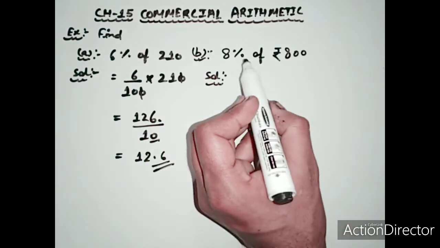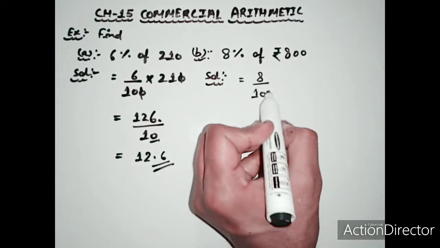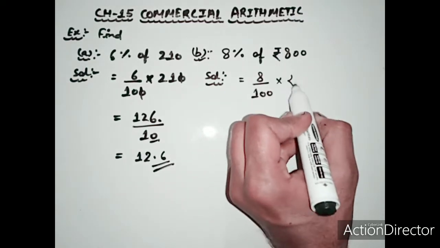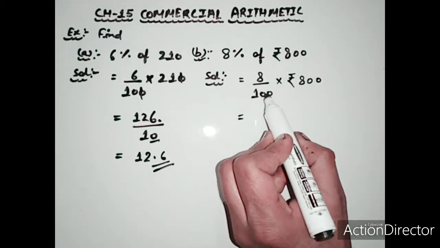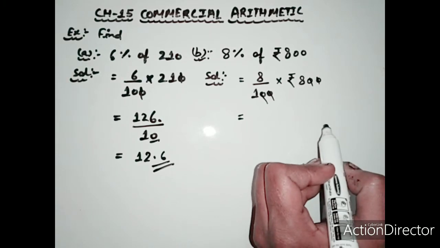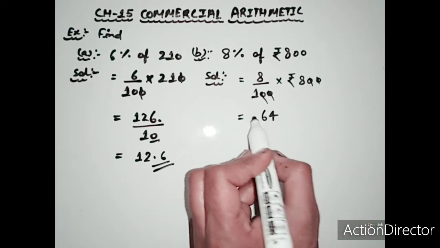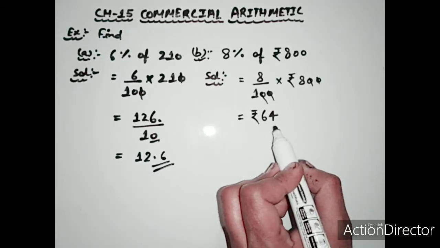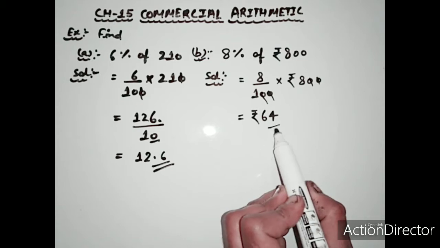So here first we write 8% in fraction form, 8 upon 100, and multiply by rupees 800. So here these two zeros cancel out by these two zeros, and 8 8s are 64. So here 8% of 800 rupees is rupees 64.